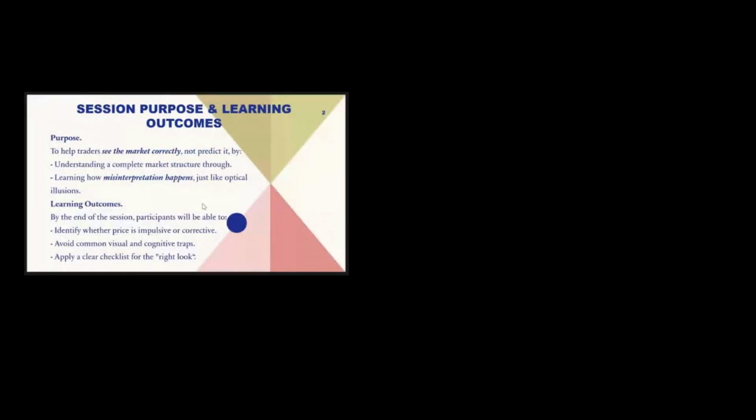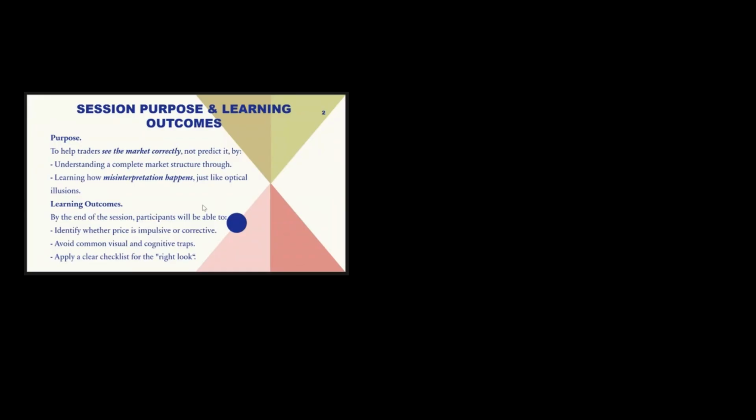As outcomes, we expect every trader to be able to see the market in a correct way. This will be by understanding a complete market structure and also learning how misinterpretations happen. Those are the 2 purposes that we expect. Every trader, after having these 2 things, will be able to see the market in a correct way.